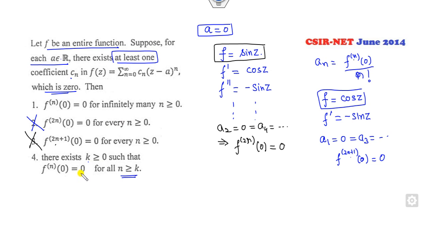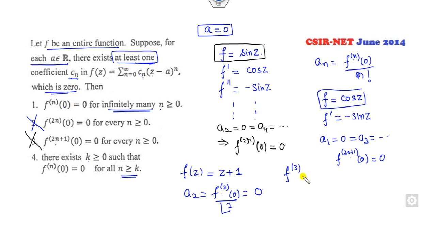How can you say? If I simply take a polynomial like z plus 1, can this condition be satisfied? You can see a2 is the second derivative over 2 factorial, and the second derivative is 0, so there exists at least one coefficient which is 0, that's satisfied. Does it hold for infinitely many n? Yes, because the third derivative is 0, the fourth derivative is 0, so it has infinitely many n.